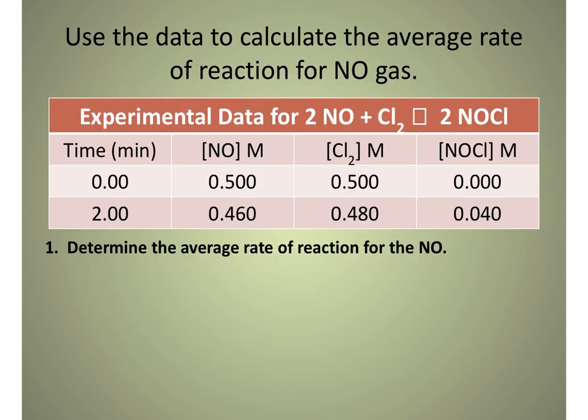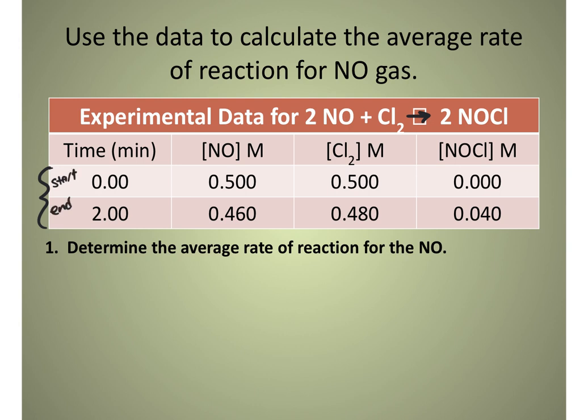So how do we actually use this data to solve for something? Let's say we're looking at the chemical reaction 2NO plus chlorine gas yields NOCl. What you're given here are two different times, your start and your ending time.